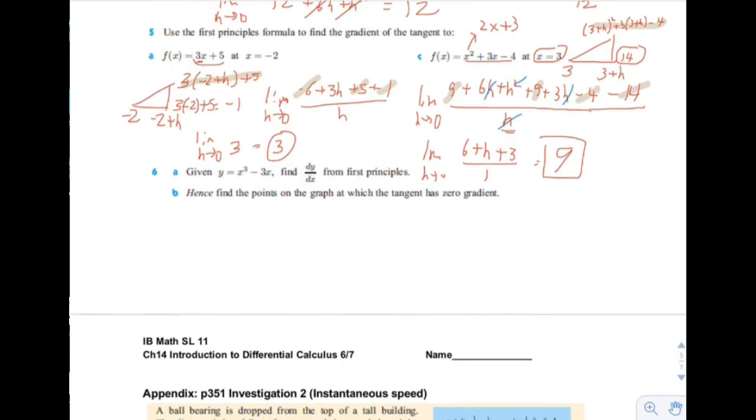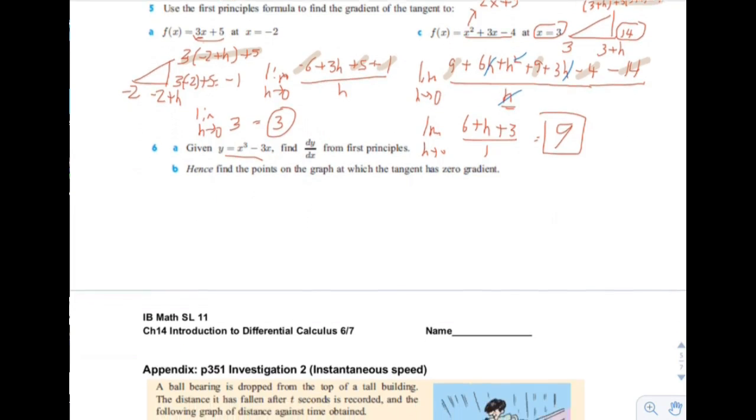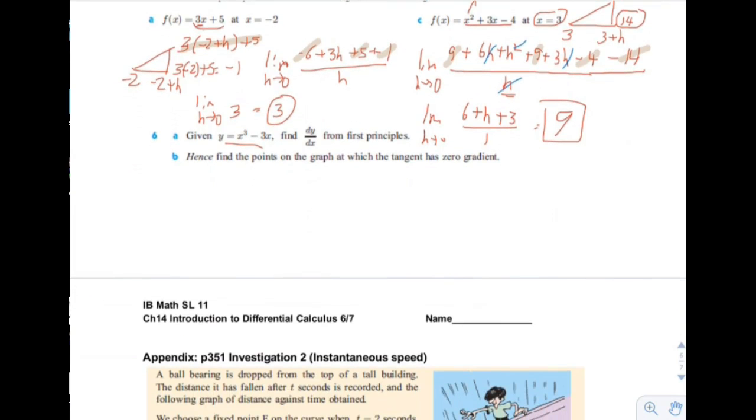Okay. Finally, the last one. y equals x cubed minus 3x. Find dy/dx from first principles. Hence, find the positions on the graph at which the tangent has a 0 gradient. Okay. I think that you guys are probably getting tired of doing this formula, so I'm just going to draw the triangle, and then after that, if you want to, you can do it all the way to the end on your own.